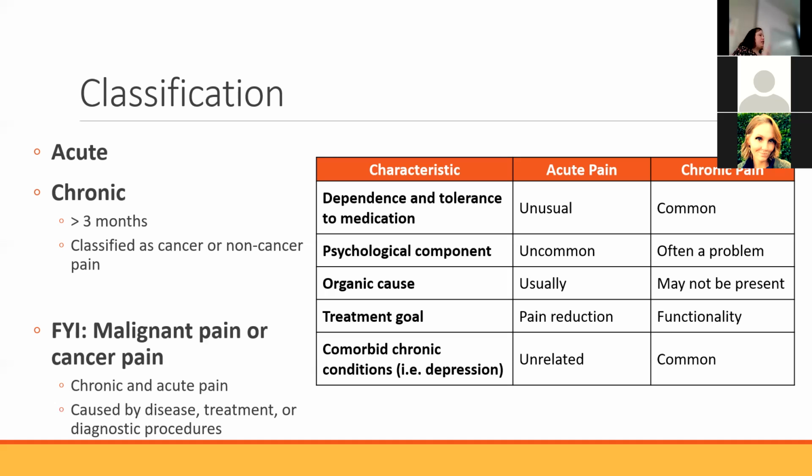As far as differentiating between acute and chronic, other than time, it is not as common for somebody to develop dependence or tolerance in acute pain. It's absolutely possible, especially in individuals that have other dependencies.